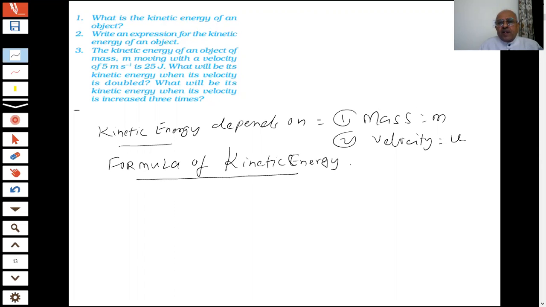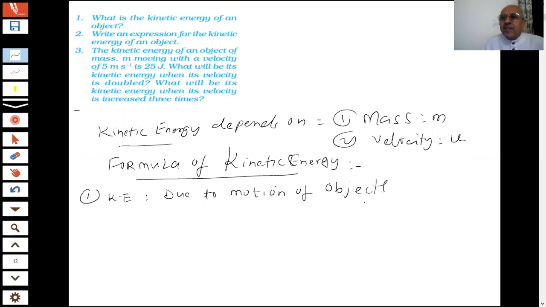Formula of kinetic energy. So what you are saying, students, kinetic energy is due to motion of the objects. When an object starts moving, it has kinetic energy.